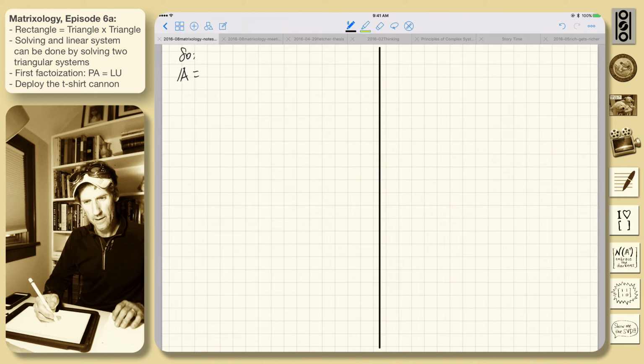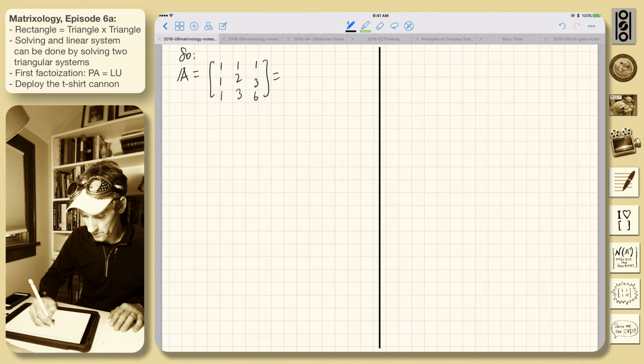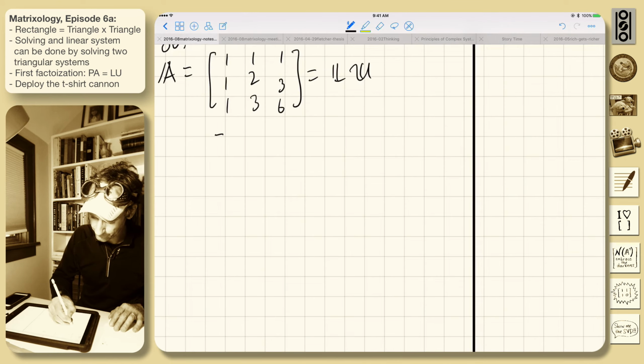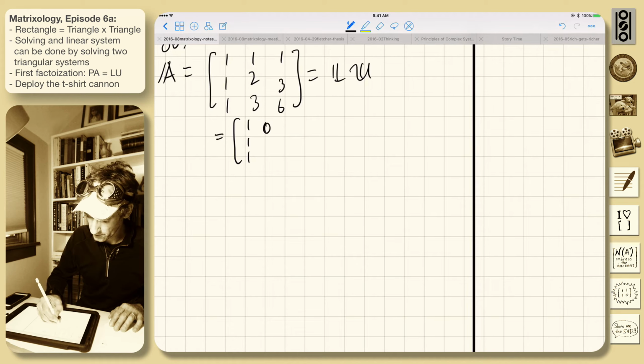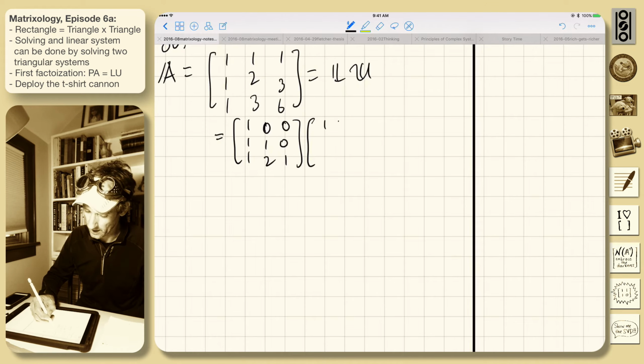What's our A again? Our A was 1, 1, 1, 1, 2, 3, 1, 5, 6, 1, 3, 6. And now that equals this L times U, which equals 1, 1, 1, so 0, times U. And in this case, U was, there's a special thing that's happened here.